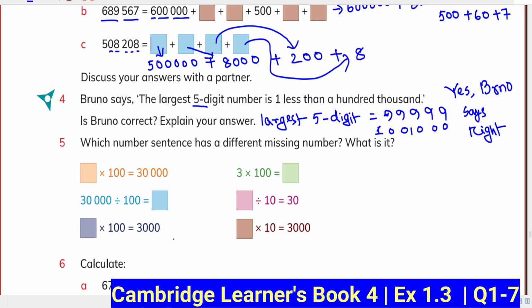Number 5: which number sentence has a different missing number? Different missing number. So here is a 20, so we can write here 300, right? And here, if you divide, 20 is already out, so here is 300. 3 times 100 is 300.